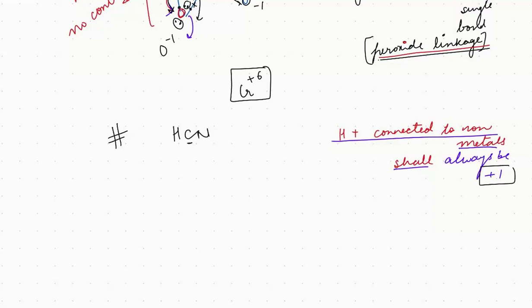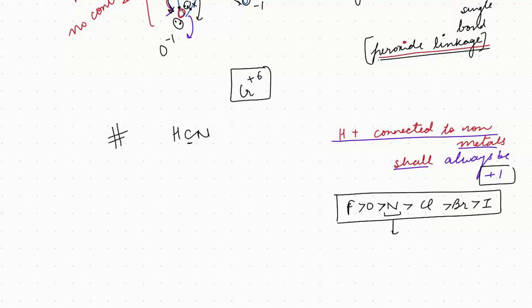And nitrogen, you know the order: fluorine, oxygen, nitrogen, chlorine, and then bromine, and then iodine. So you know here that nitrogen is more electronegative because carbon does not lie in any of these positions. Did you understand my point?